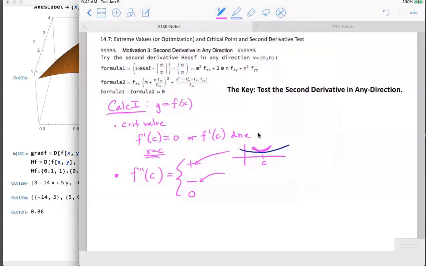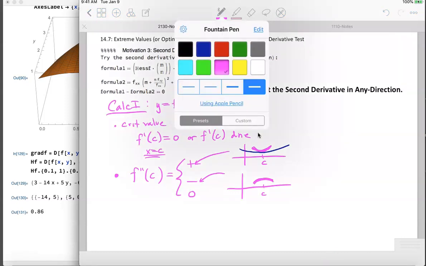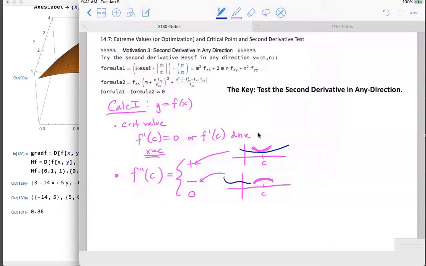If the second derivative came out to be negative at the value of c, you knew that the function had to be curving downward at c, and therefore your function, whatever it was doing at this point, had to look something like a parabola that was turning downward. Okay? And 0, the derivative being equal to 0, was an inconclusive case.